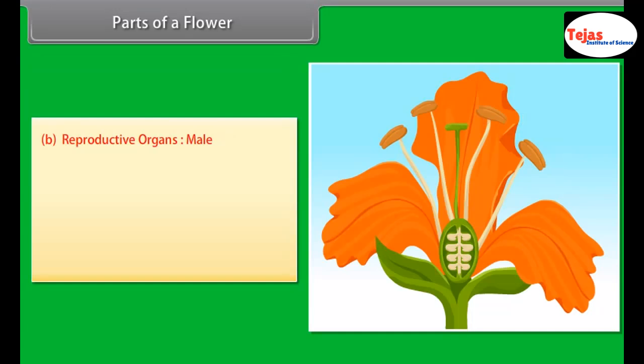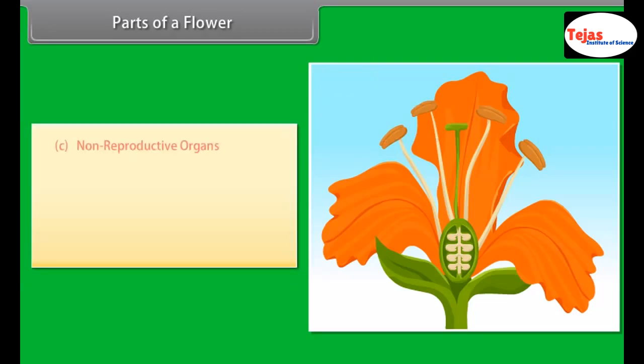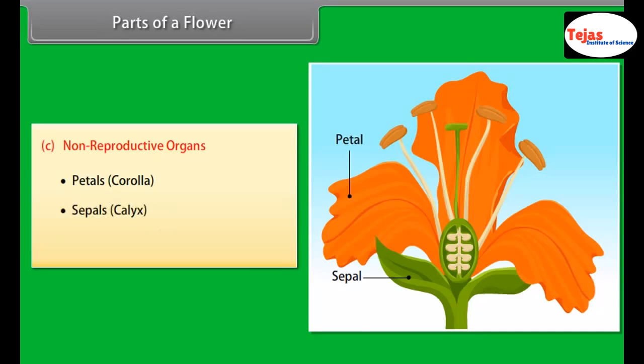B. Reproductive organs, male: stamen, anther, filament, pollen. C. Non-reproductive organs: petals, corolla, sepals, calyx, tepals.